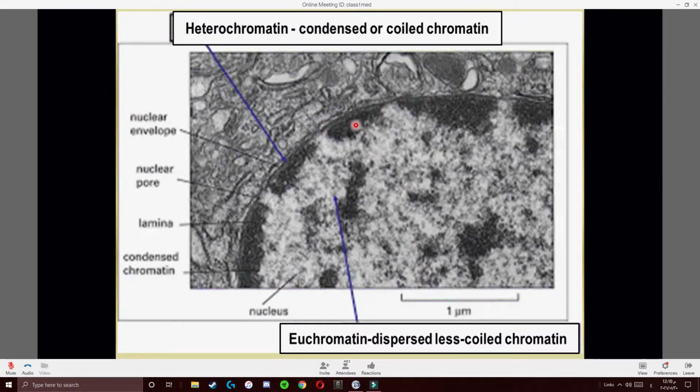Heterochromatin or condensed or cold chromatin اللي يكون أكثر تكثف و coiled, and euchromatin or dispersed less coiled chromatin أقل التفاف ويكون متشتت.